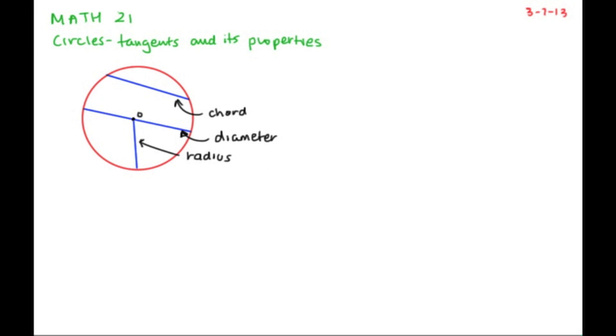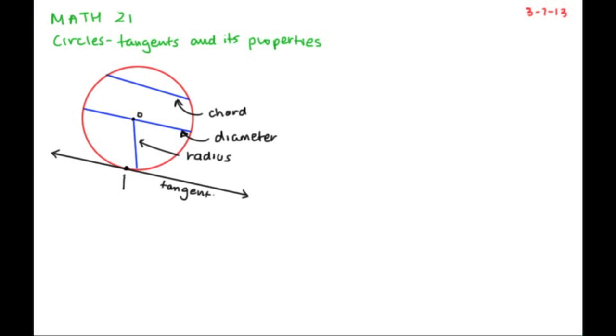And then you have these external lines that just barely touch the circle at 1 point. I like to call this the tangent. The tangent line. And a tangent is just any line or line segment that just touches this circle at 1 point.